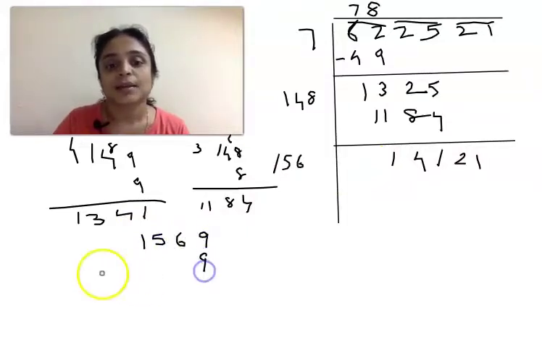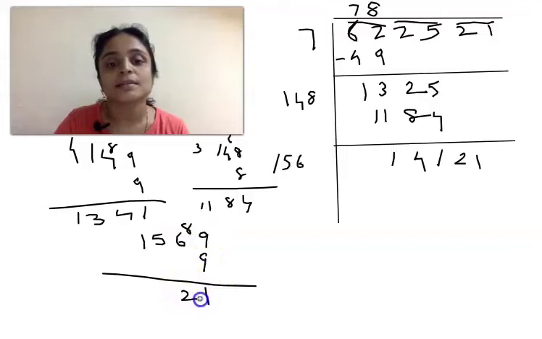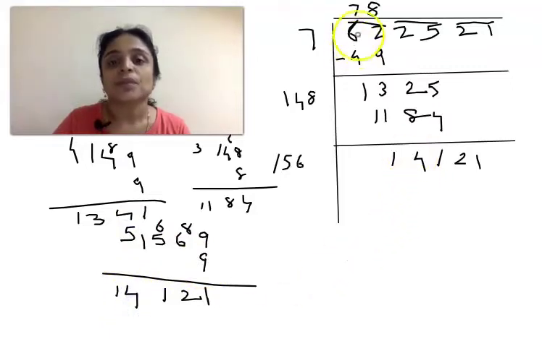So into 9. 9 9s are 81. 6 9s are 54. 54 plus 8 is 62. Then 5 9s are 45. 45 plus 6 is 51. Then 1 into 9 is 9. 9 plus 5 is 14. So here 9 is that number.